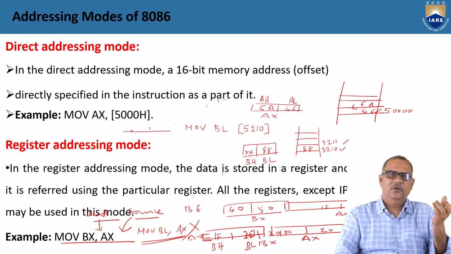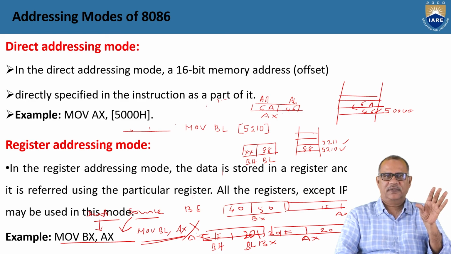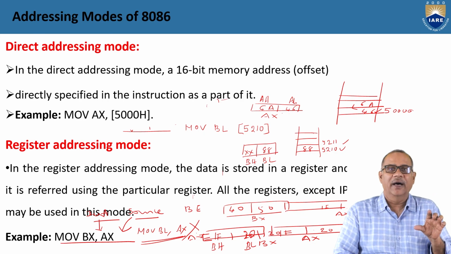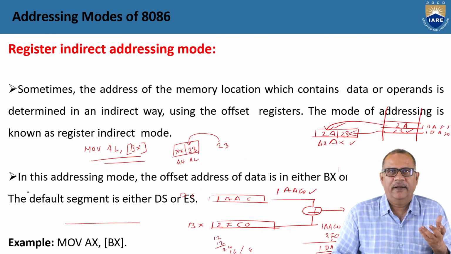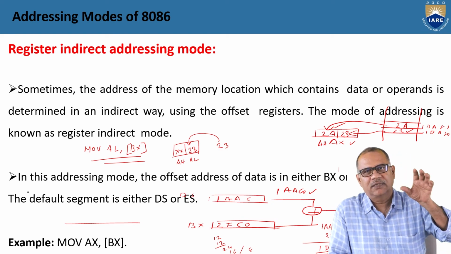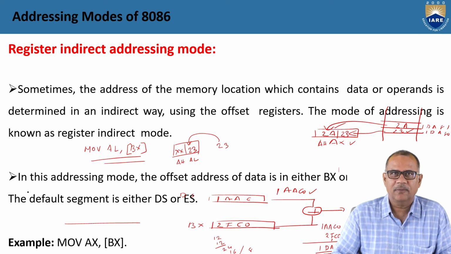In direct addressing mode, the address is very clearly specified in the instruction itself. In register addressing mode, data is present in the register, and in register indirect addressing mode, the memory address is put in the register.